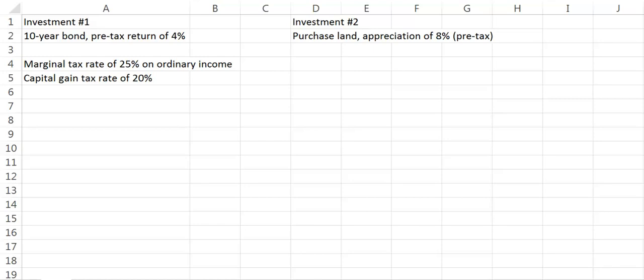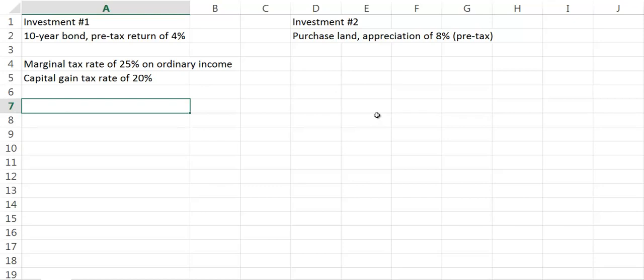Now we have a marginal tax rate for this taxpayer of 25% on ordinary income, which would apply to the bond. The income we receive on the bond would be ordinary. And we have a capital gain tax rate of 20%, which would apply to the land because that's a capital asset.